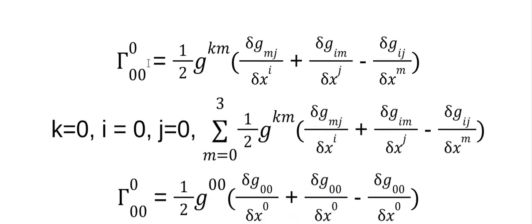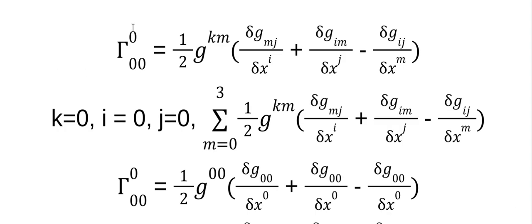Luckily, I did this part right. We just picked Γ^0_{000}, so the free indexes are 0, 0, and 0. Now we have to do an expansion, the summation from m equals 0 to 3.